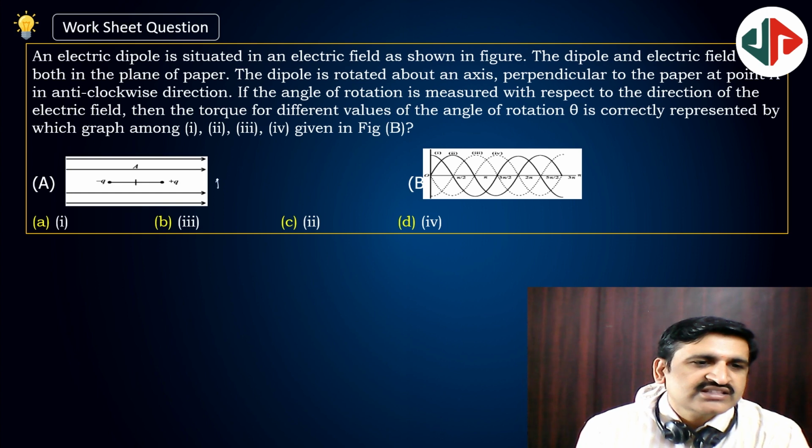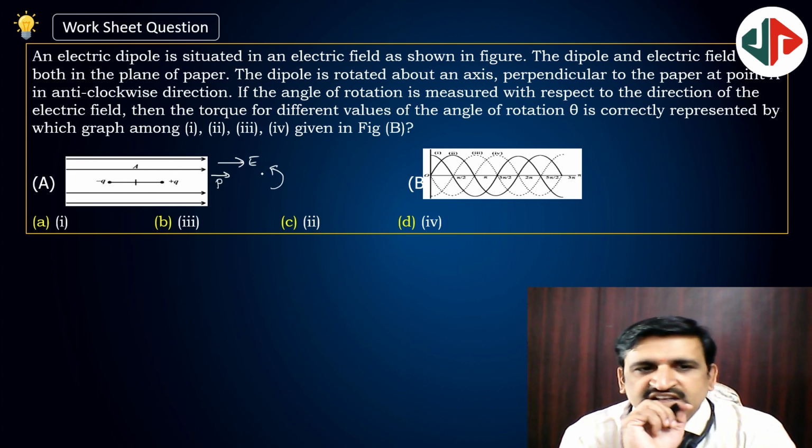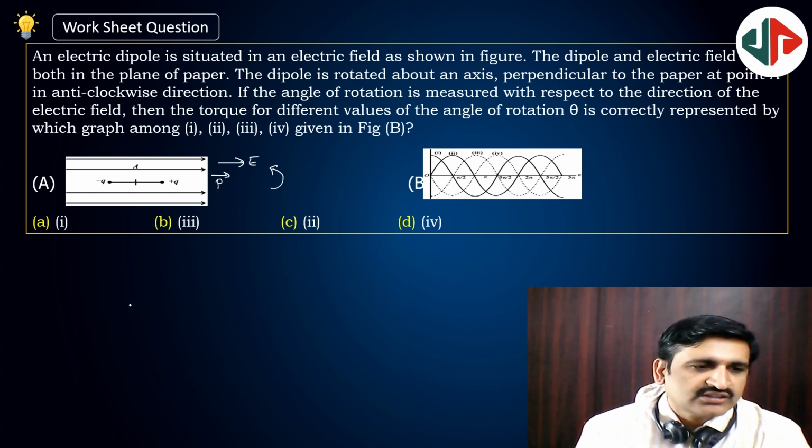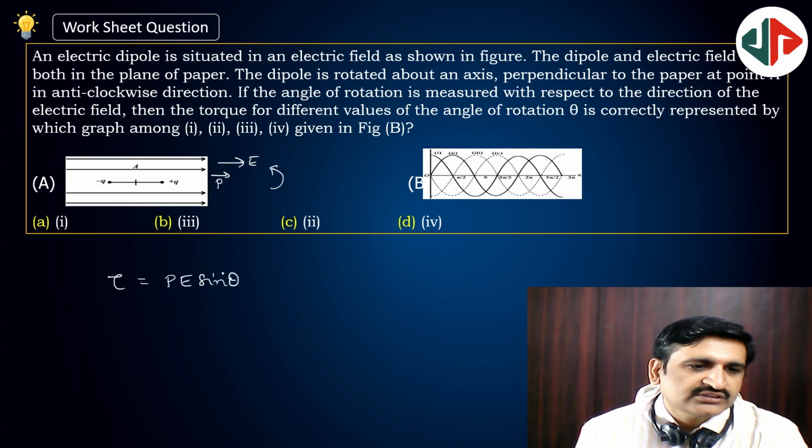Okay, the dipole direction is in the direction of the field initially. Initially P bar is in this direction only, the field is in this direction only, and it is rotated anti-clockwise. So first, torque tau is equal to PE sin theta. First, 0 degrees, next theta equal to 90 degrees, next theta 180 degrees.